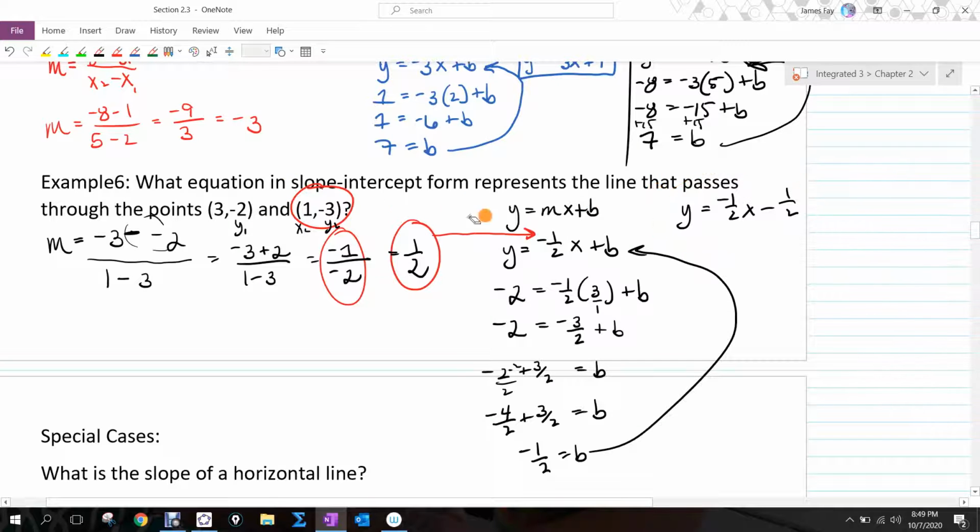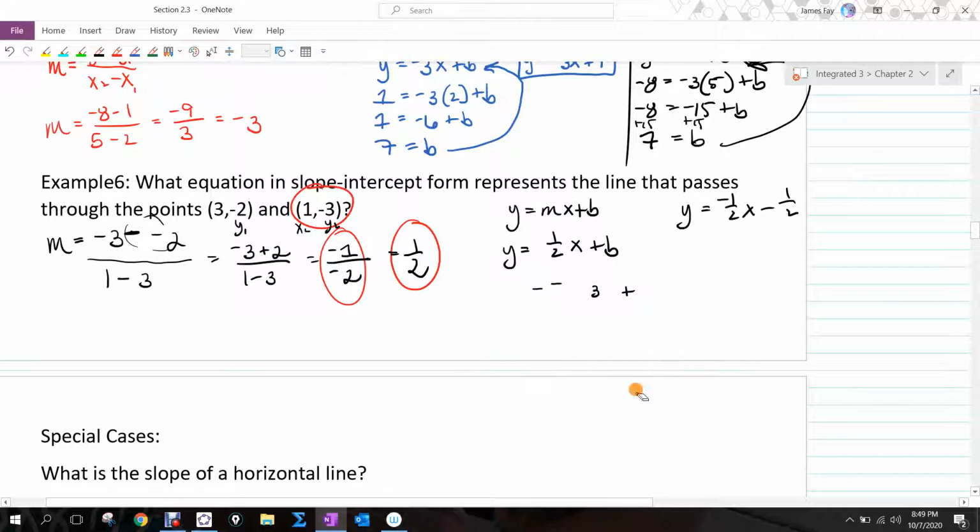Okay, so simple mistake. That should then allow me to put y as negative 2. I have my 1 half, so x is then 3, plus b. So now I get negative 2 equals 3 halves plus b.